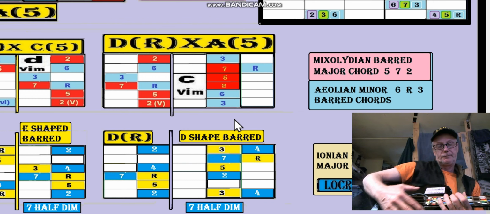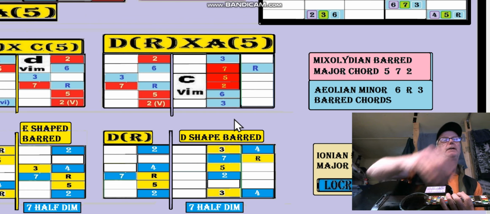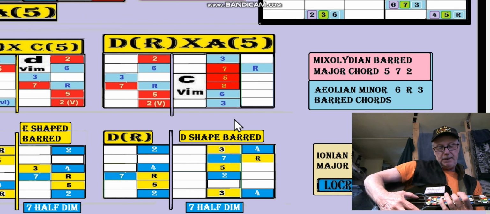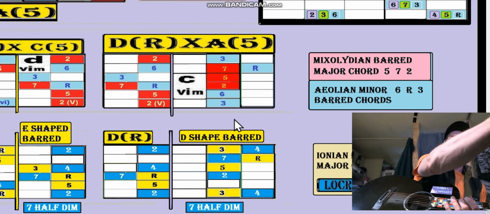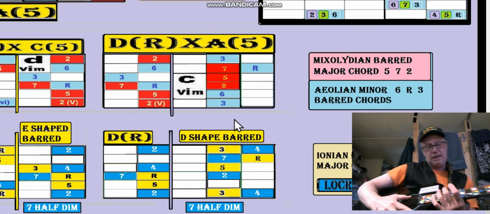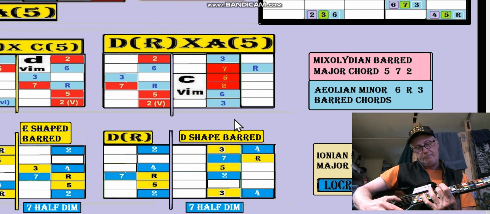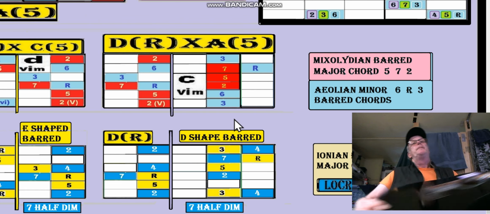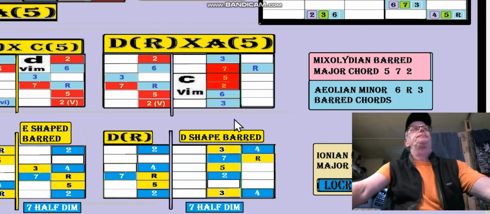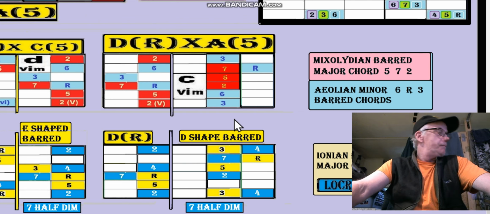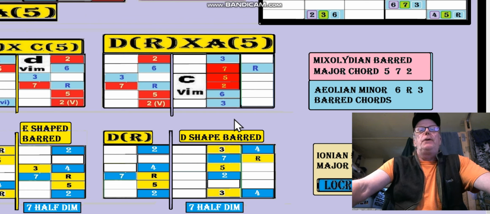Okay, and that's D, E, B, E, G, C, right? Just like that. That's my terrible playing, because I'm bending the note. So that's as much a D as anything else.